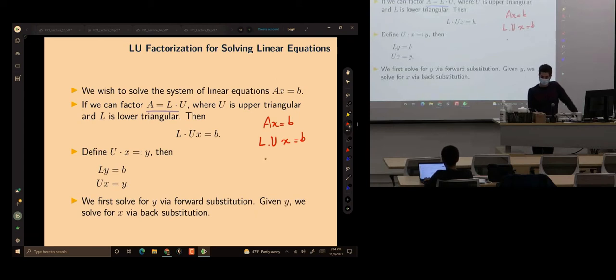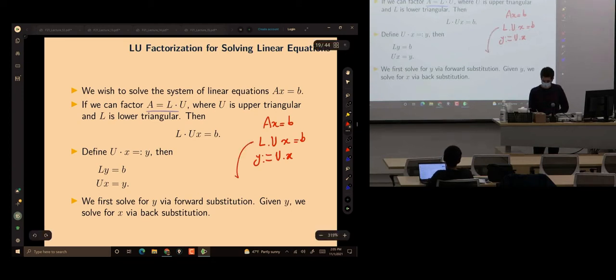If I define a vector y to be U times x, I just define this as a vector because U is a matrix, x is a vector. If you multiply them, it's going to give you another vector. Let's call it y. We don't know what it is.